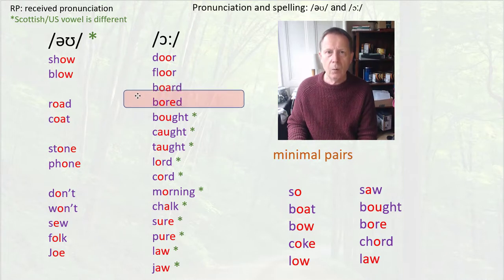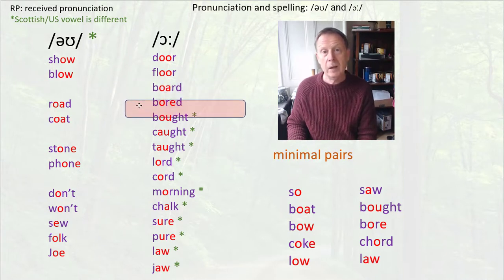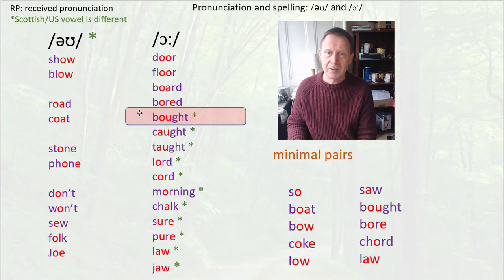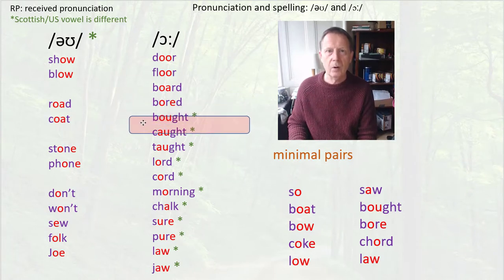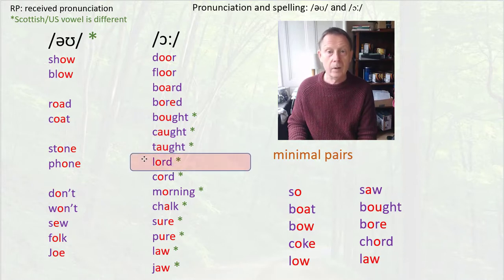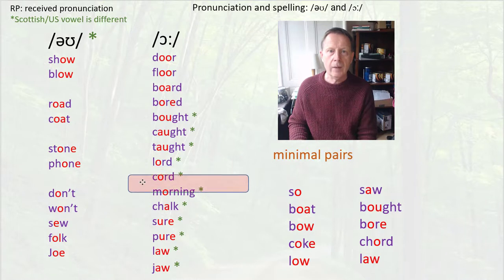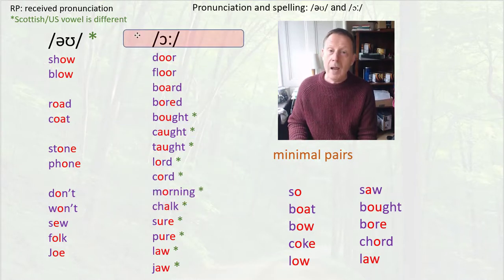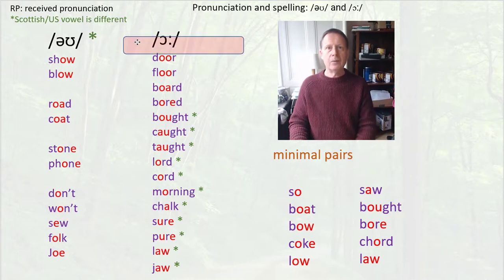Board, board. And then we have the past tenses and past participles. Bought, caught, taught. And then we have words with one O, as in lord, cord, and then morning, chalk. So you can hear the sound is O. And we have many different spellings for this sound in English writing.